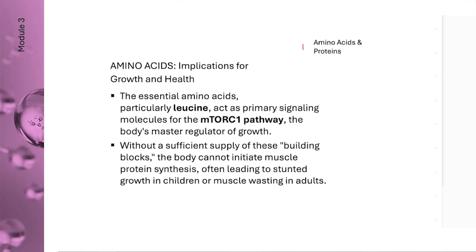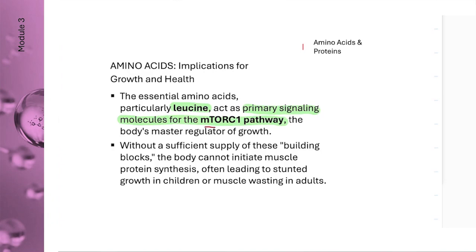So still on the amino acid leucine, this is just by way of information so that you can see the importance of essential amino acids. There is a very important signaling pathway. I'm not going to go into the details now, and that pathway is called the mTOR pathway.